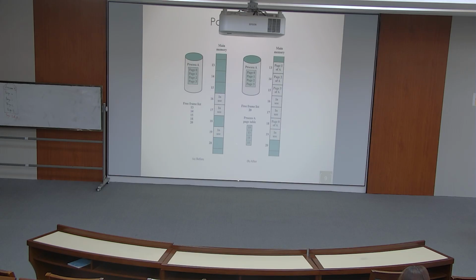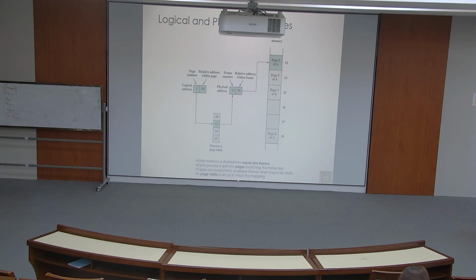So now we have the page table for process A, which includes the frame numbers 18, 13, 14, and 15. This way, whenever a process is loaded into the main memory, a page table is created for the process.